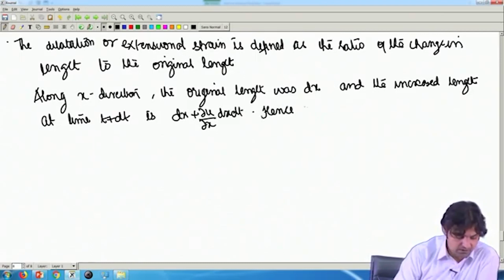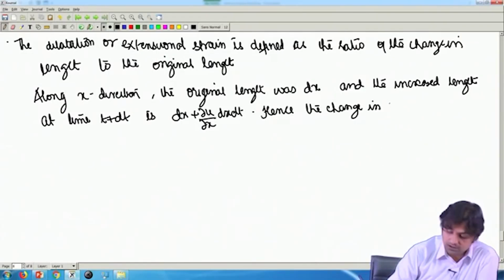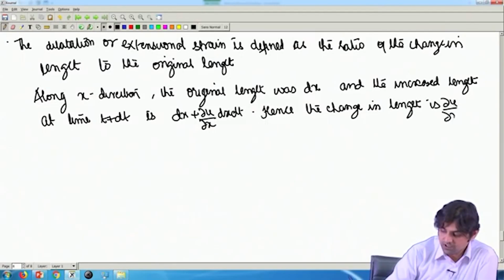Hence, the change in length is del u del x into dx dt.